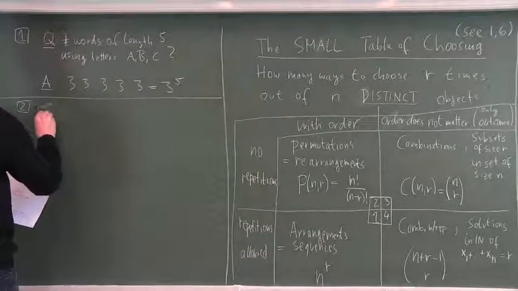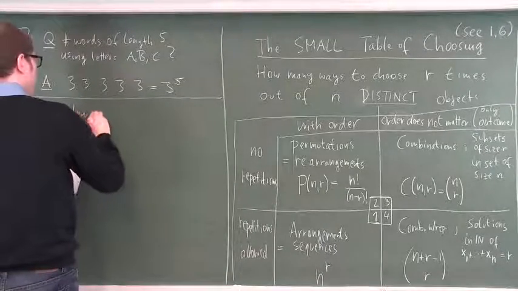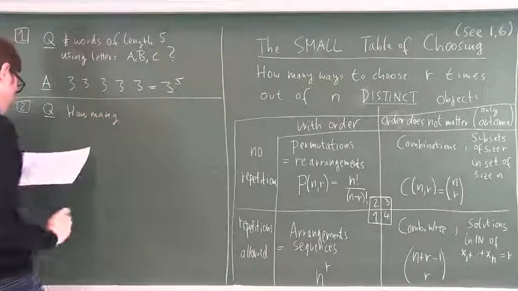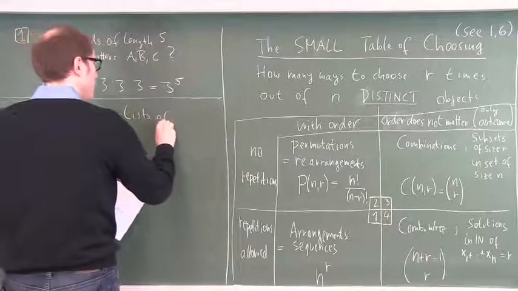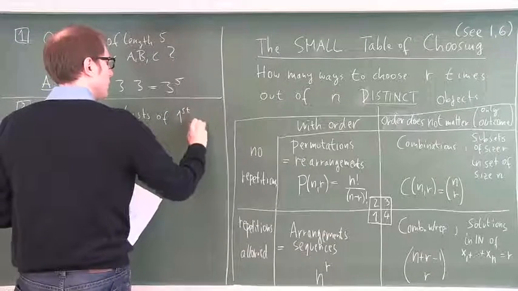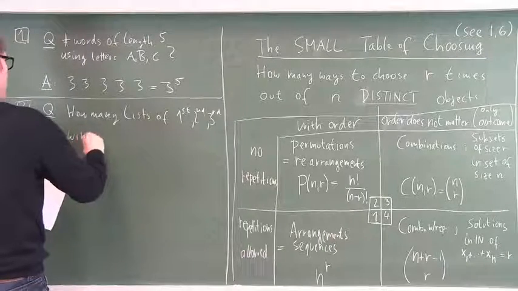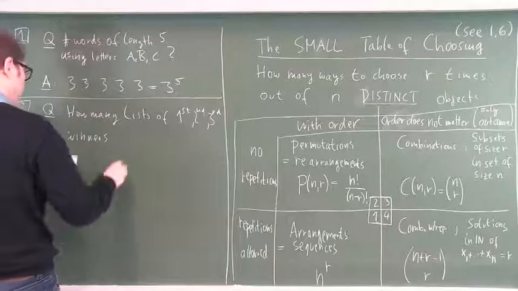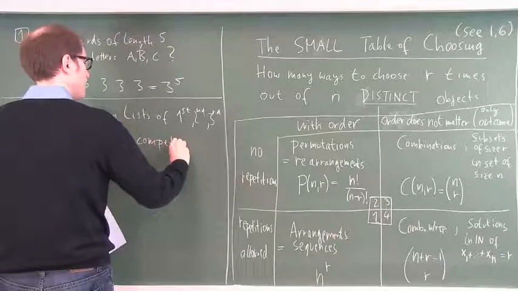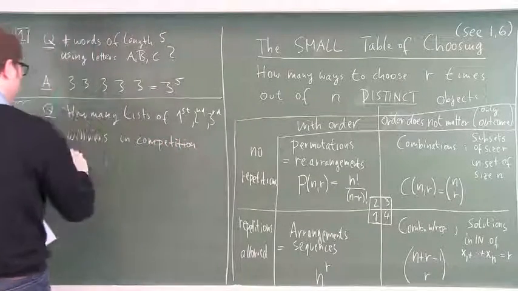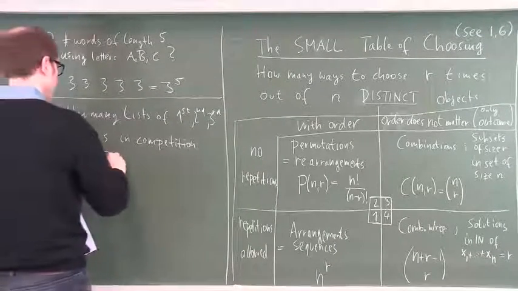So let's phrase a slightly different question here. How many lists of first, second, third winners in a competition with 7 participants are possible?